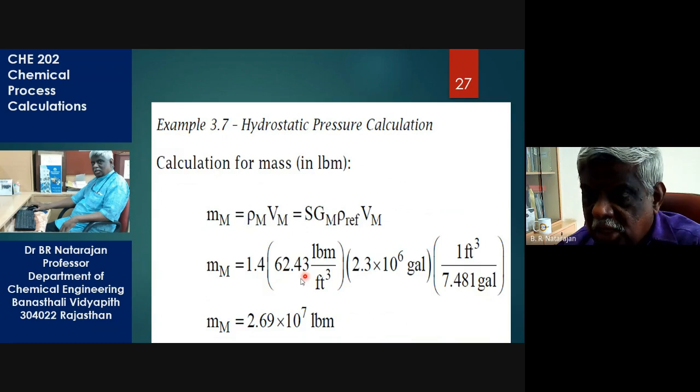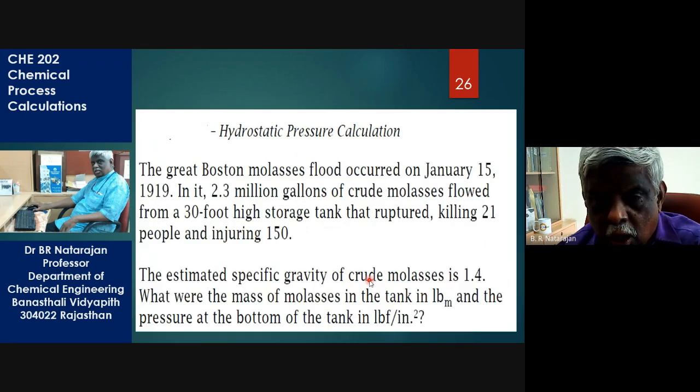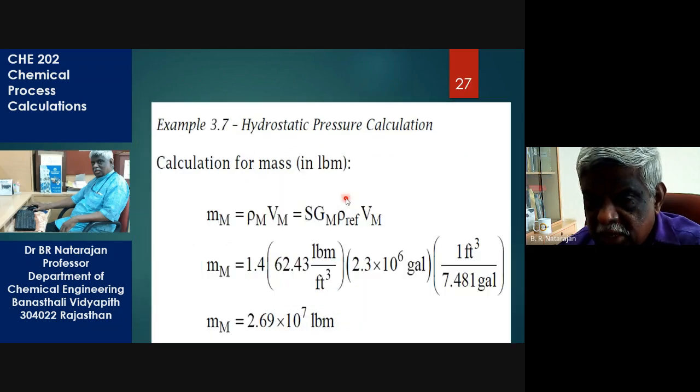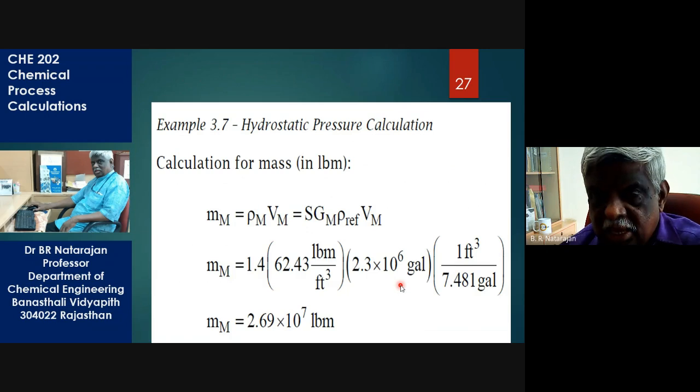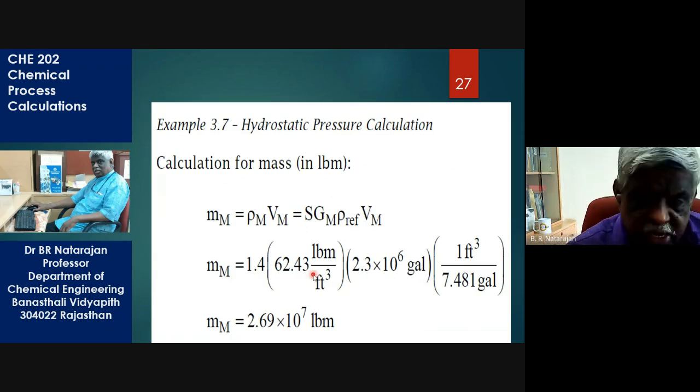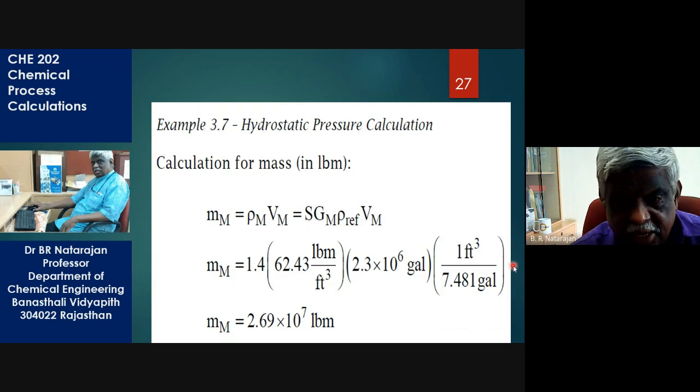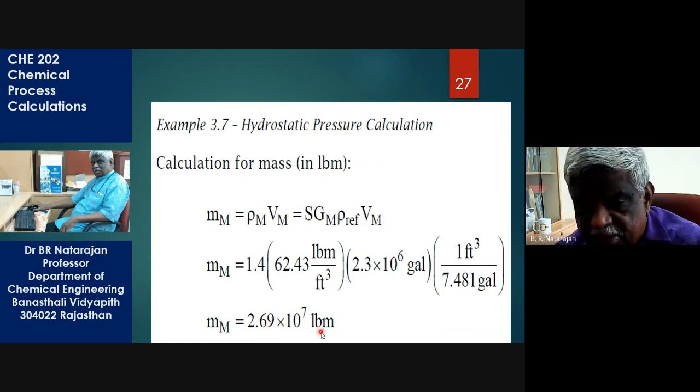Water density is 62.43 pound mass per feet cube into 2.3 million gallon. 2.3 into 10 to the power 6, million is 10 to the power 6, and gallon to feet cube conversion, you can check, 1 feet cube is 7.48 gallon, right? So mass of molasses is going to be given by this expression, which comes to 2.69 into 10 to the power 7 pound mass.